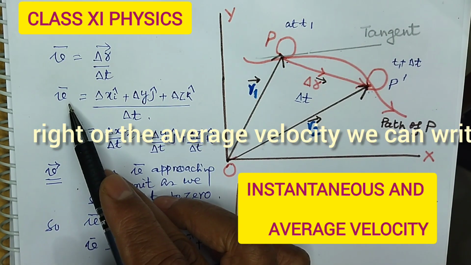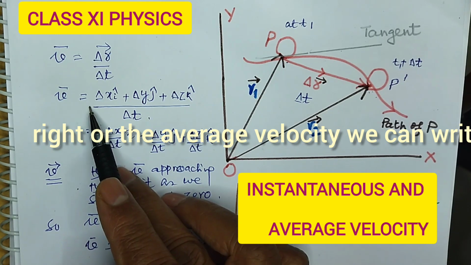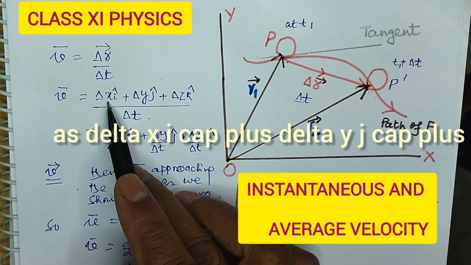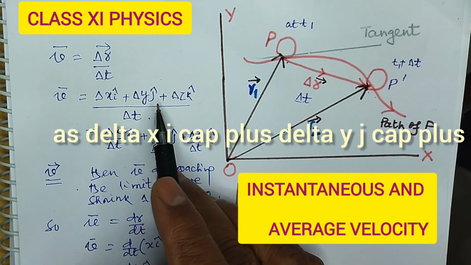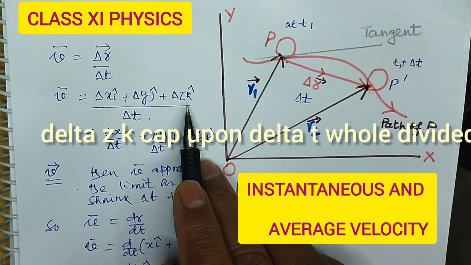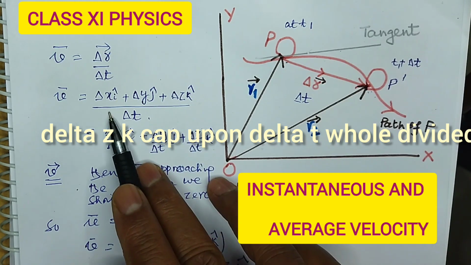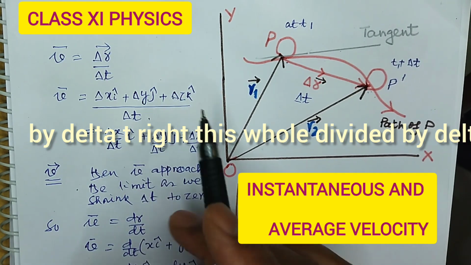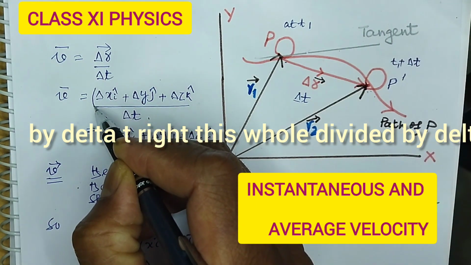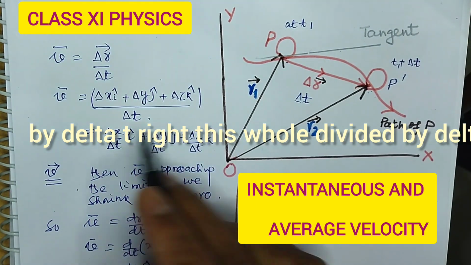Or we can write the average velocity as delta x i cap plus delta y j cap plus delta z k cap, the whole divided by delta t.